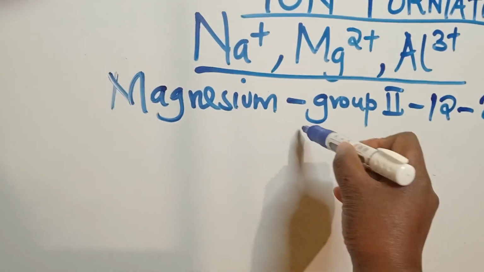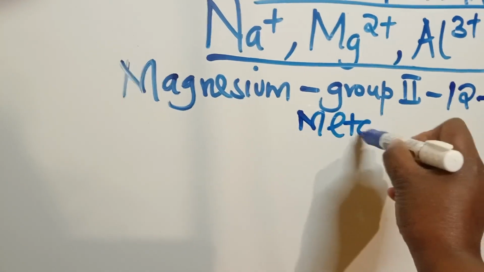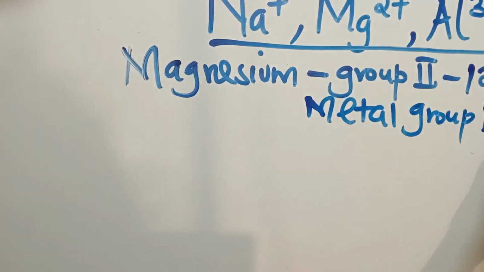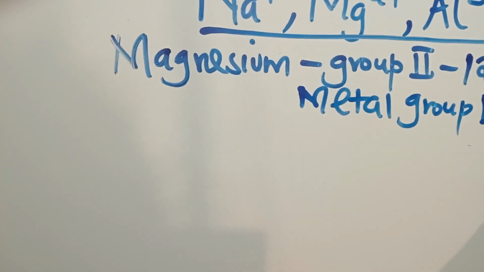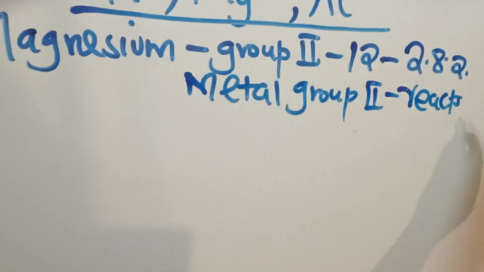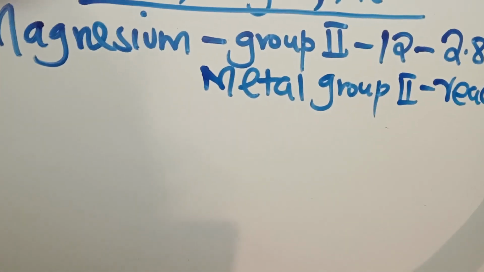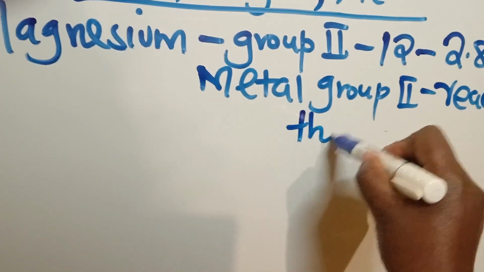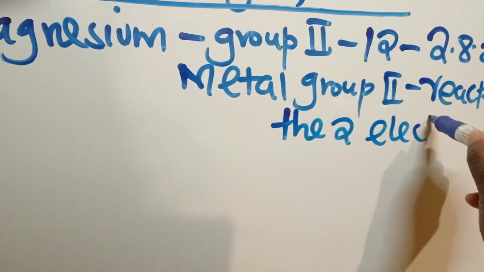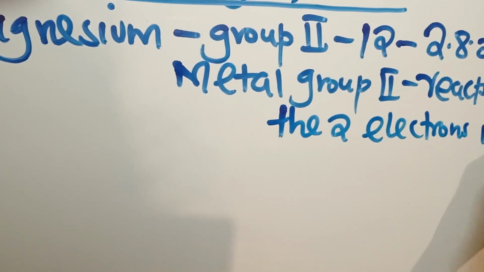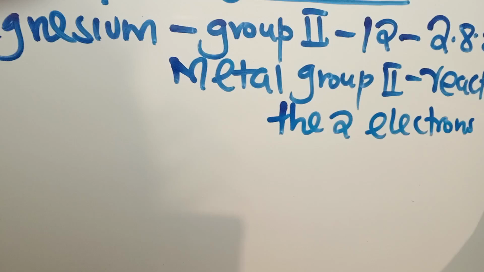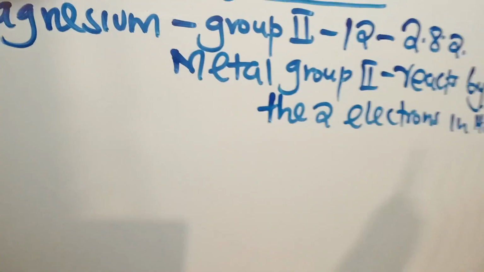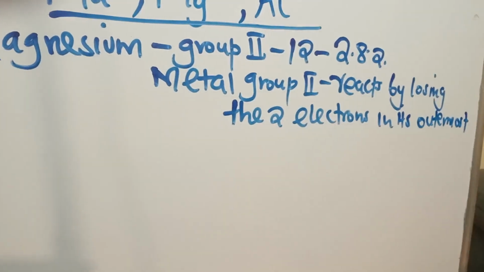Being a metal in group 2, it reacts by losing the 2 electrons in its outermost energy level.